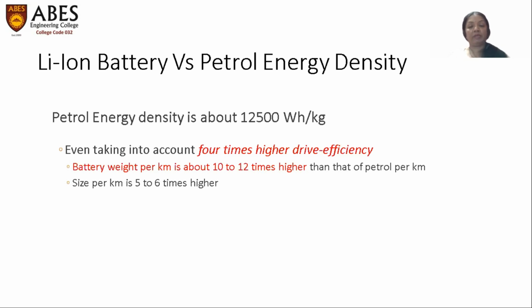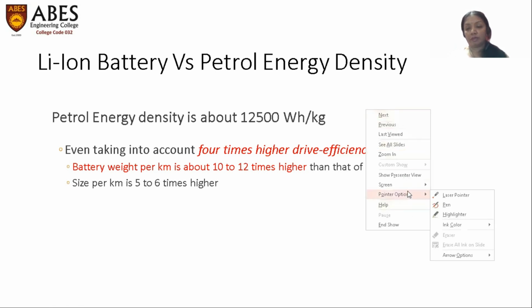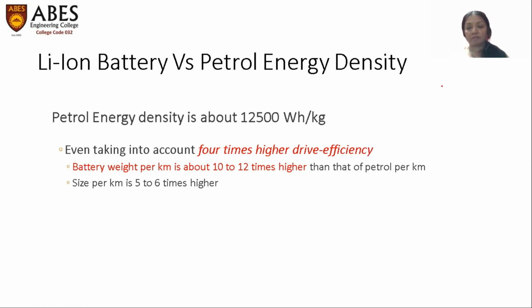So if I compare for battery technology, I'm just using the marker, I think that would be helpful. For battery, the present value is 300 watt hours per kilogram, and for petrol, it is 12500 per kilogram.